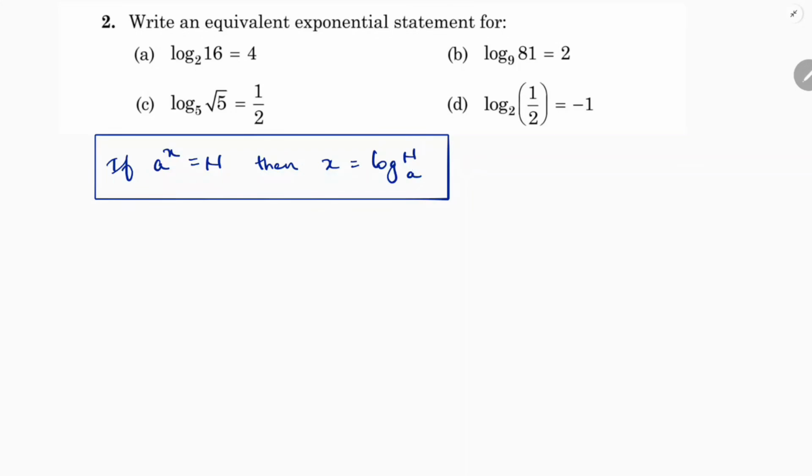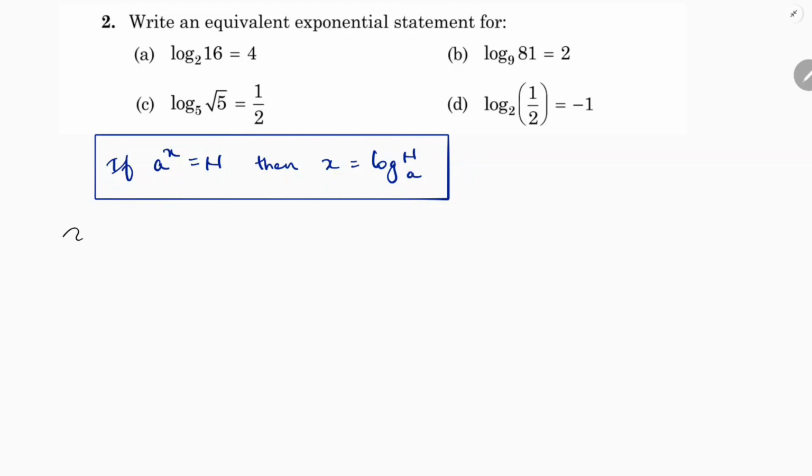So when they give the logarithmic form, the exponential form is a power x equals n. From the logarithm take the base and write the answer of the logarithm as power. It's very clear: a power x equals whatever is the logarithmic value.